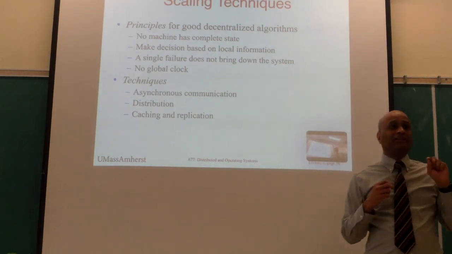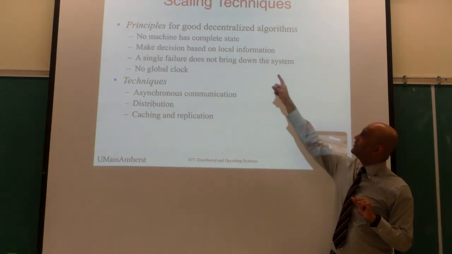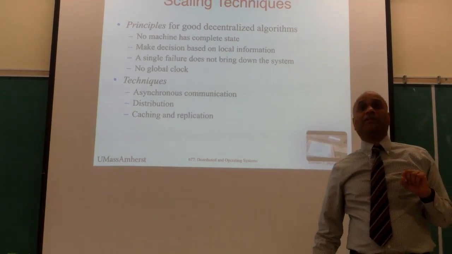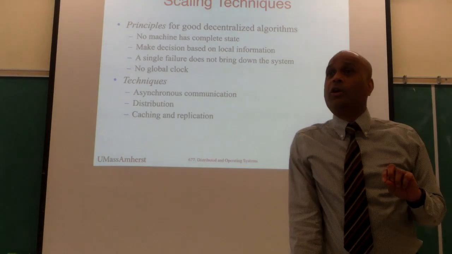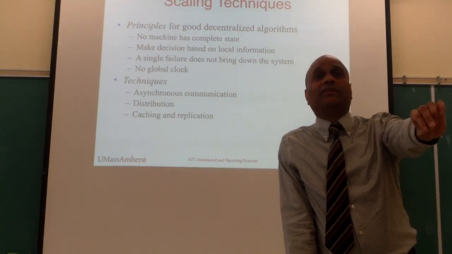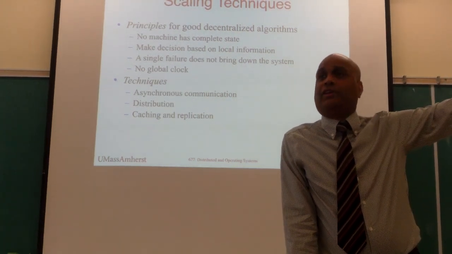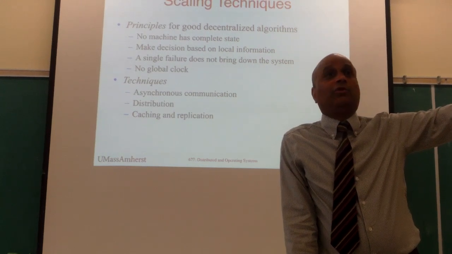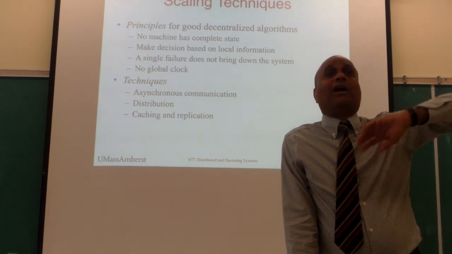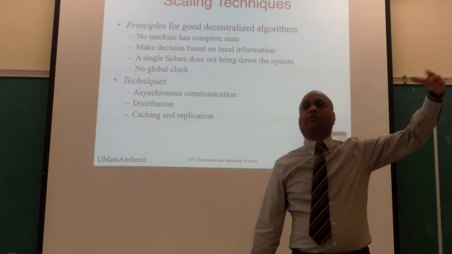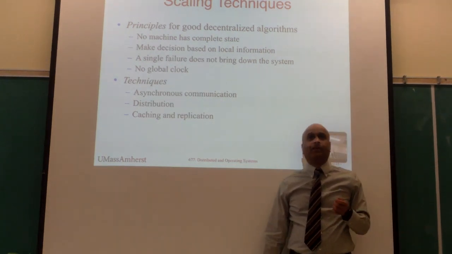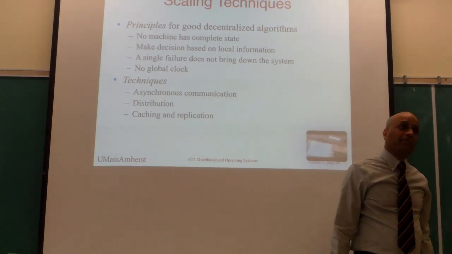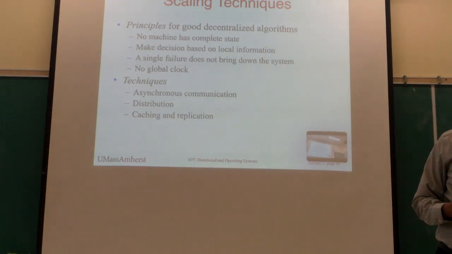So to the extent possible, you want to make decisions based on local information, not global information. Local information means I can make decisions locally without having to talk to everything else on the network. That's going to scale better. If I have to ask all these other machines for information to make some decision, that will increase my overhead. So make decisions based on local information.